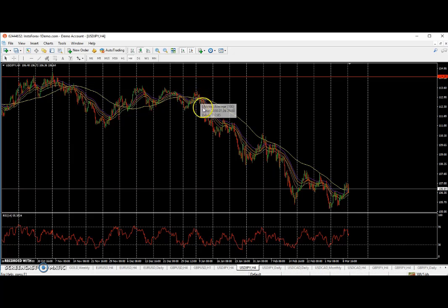Since it crossed this moving average and closed below this important neckline, the pair has been trading sharply downward, forming lower lows and lower highs continuously, while trading below this trend line setup of SMA 100 and the shorter moving averages of EMA 34 and 20.